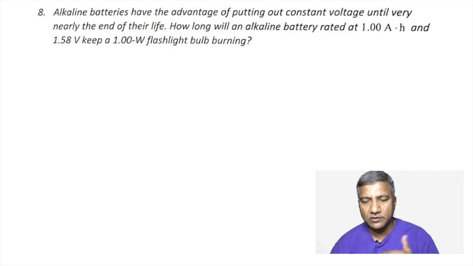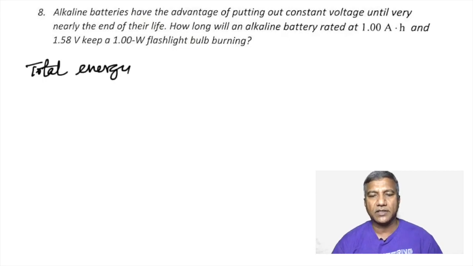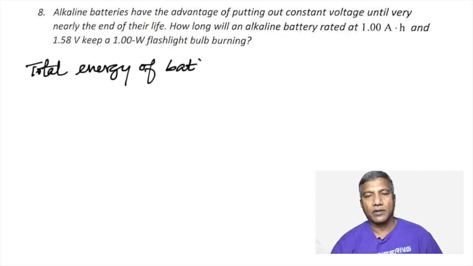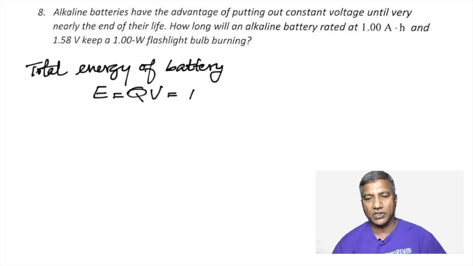And then it continues to say this battery has a voltage of 1.58 volt, and it's used to light up a 1 watt flashlight. So how long will it last? We're asked to find the time. So here are the given quantities. We know that the total energy, like in the last problem, energy is power multiplied by time.